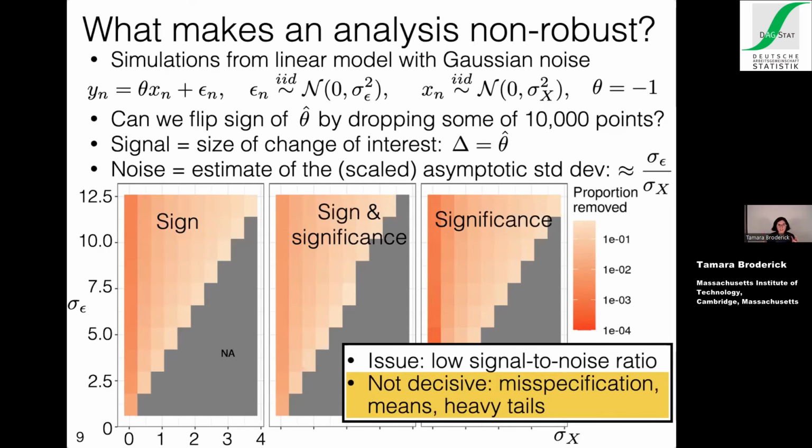We can see cases that are not misspecified that are either robust or non-robust. Same thing with means and heavy tails. This is an example where we are estimating fundamentally something that looks like a mean. We do not have heavy tails, but neither one of these things is decisive, unlike in some other types of robustness. We're seeing examples that are both non-robust and robust in either case.